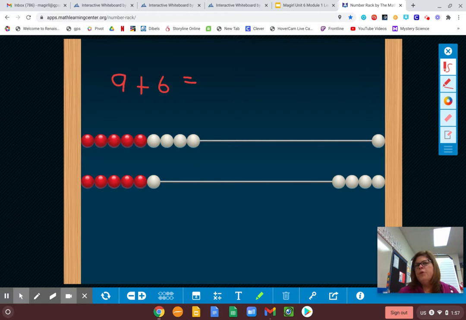And a 9 problem, you can use several different ways to figure out the answer. You could start with 9 and count on 10, 11, 12, 13, 14, 15. Okay? So I know I can solve it by starting with the 9 and adding the 6 more.